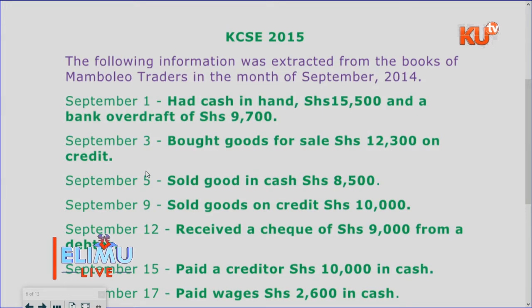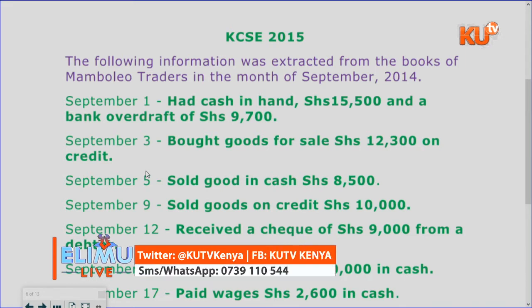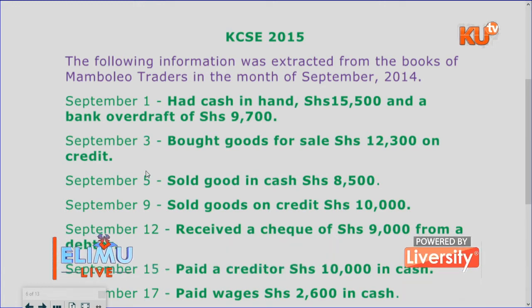The following information was extracted from the books of Mamboleo Traders in the month of September 2014. First, cash in hand of 15,500 and bank overdraft of 9,700. September 3, bought goods for sale 12,300 on credit. September 5, sold goods in cash 8,500.